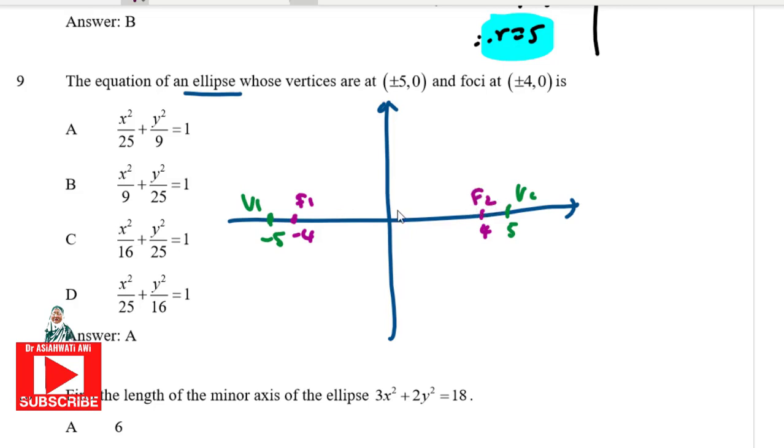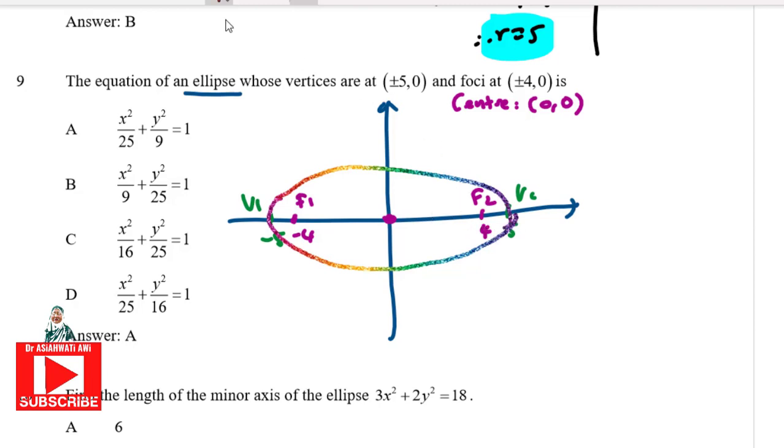So from here, confirm the center is the midpoint. The center is 0, 0. If you sketch the ellipse, it is a horizontal ellipse. Then the standard form is x minus h squared over a squared plus y minus k squared over b squared is equal to 1.